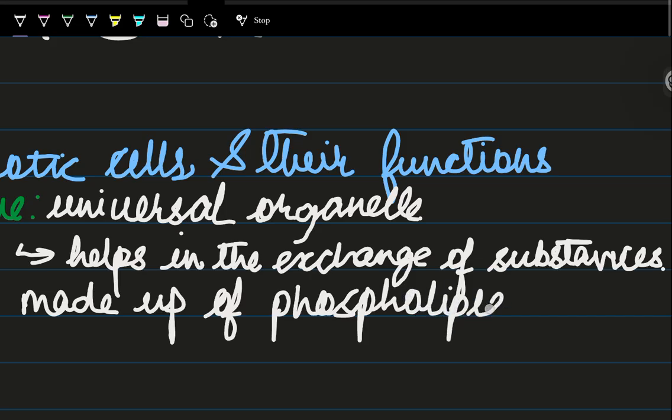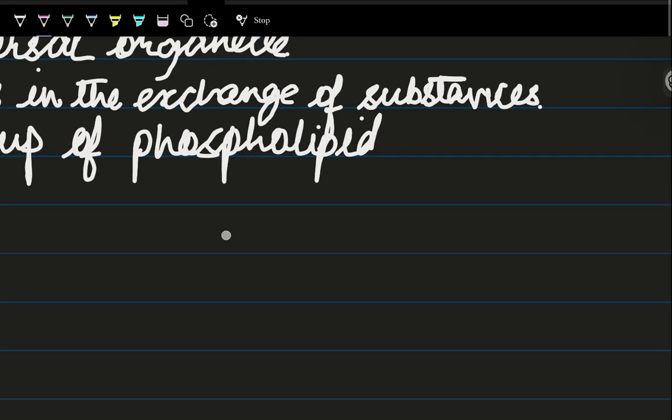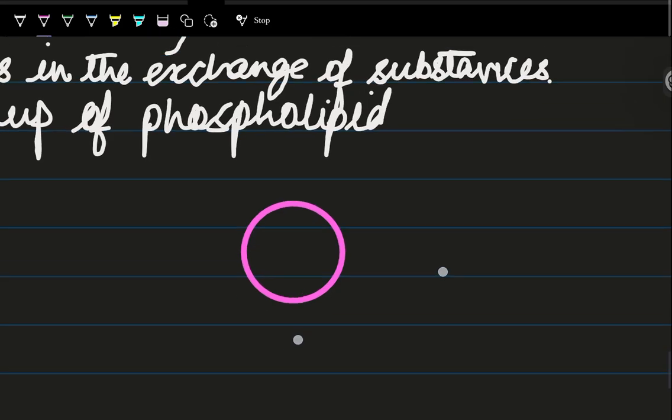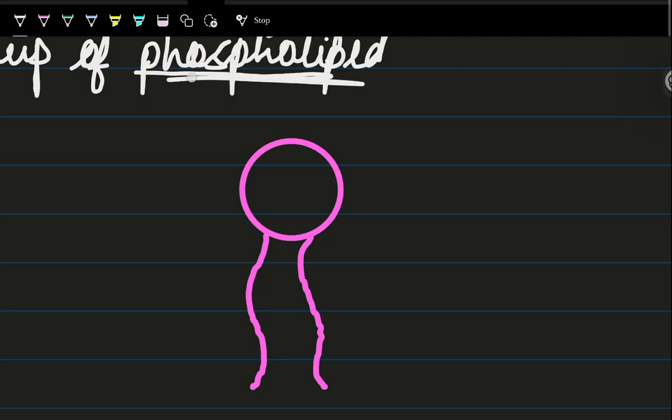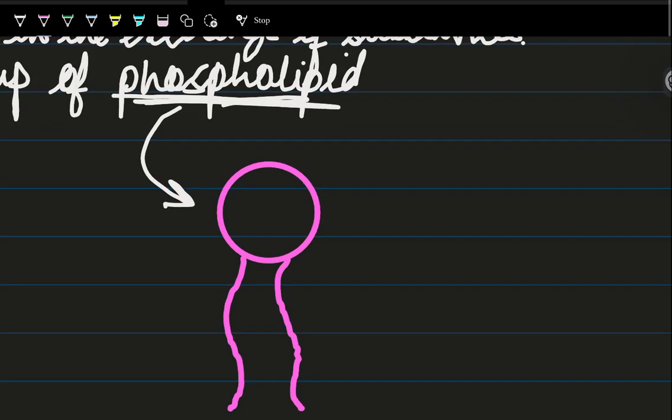Let me draw what a phospholipid typically looks like. So this is what a typical phospholipid looks like. It has two parts. The first one is its head.